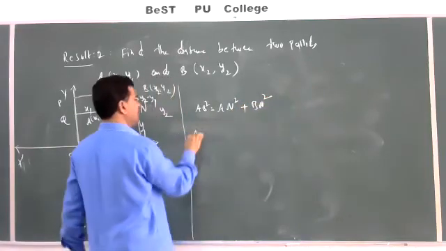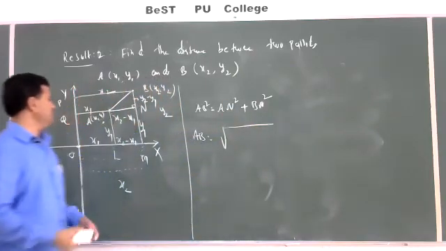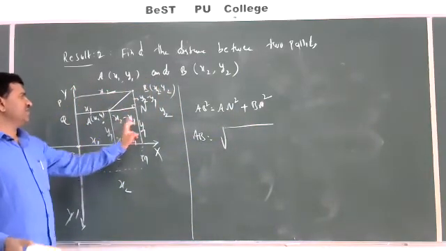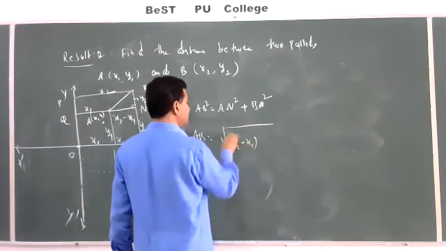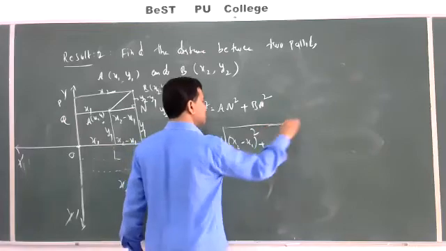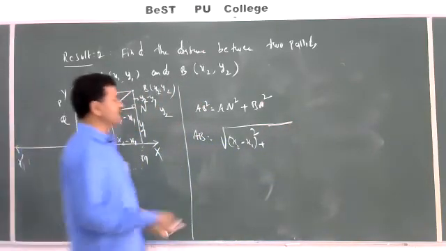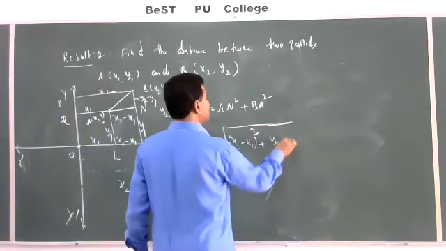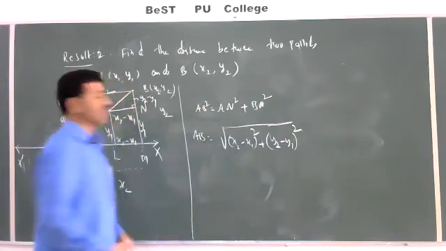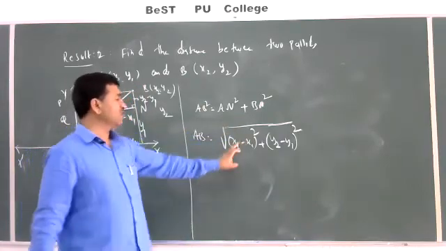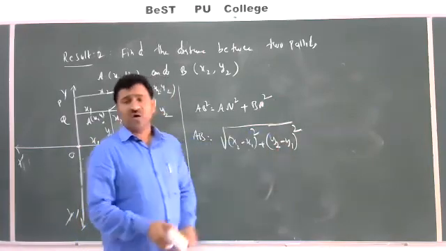That means AB is equal to the square root of, AN value is x2 minus x1 whole square, plus BN value, y2 minus y1 whole square. That is the distance between 2 points formula. AB is equal to the square root of (x2 minus x1) whole square plus (y2 minus y1) whole square.